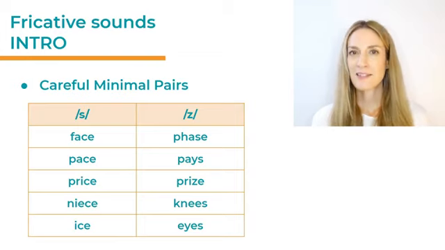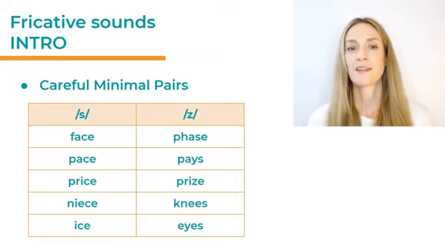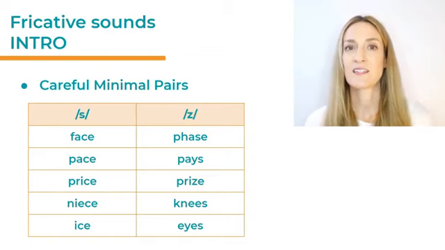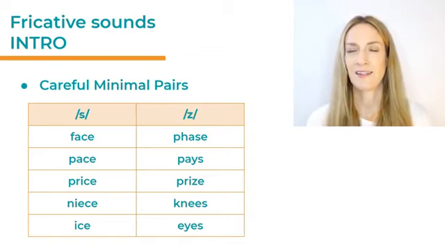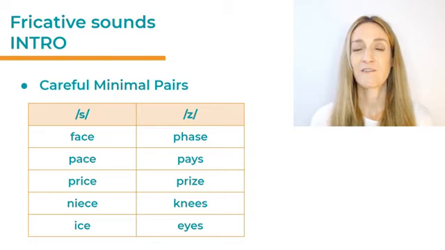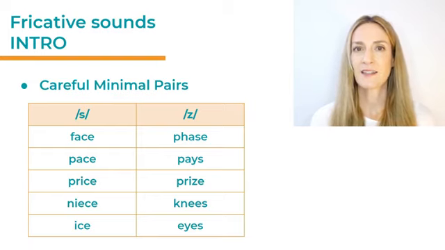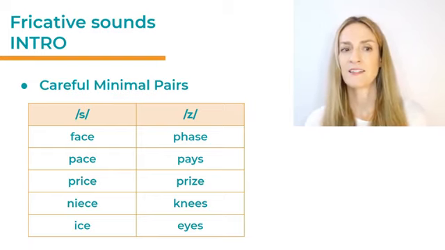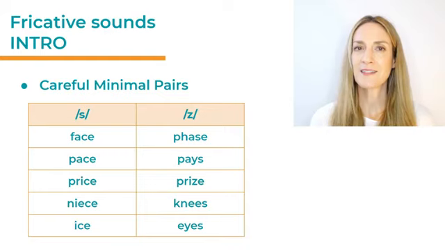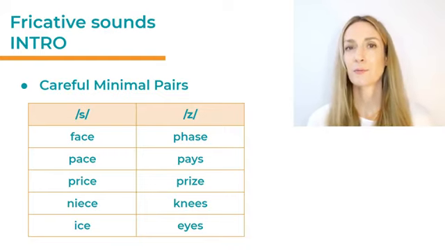Our last group of minimal pairs are minimal pairs for the sound s and z. Let's say them together. Face versus phase. Pace, but pays. Price, but prize.